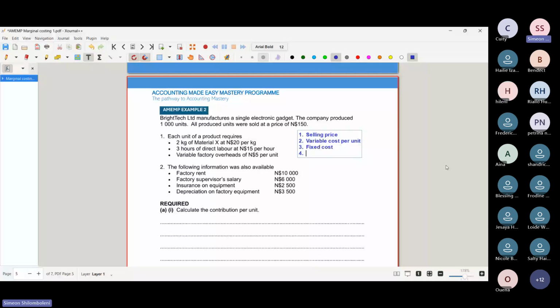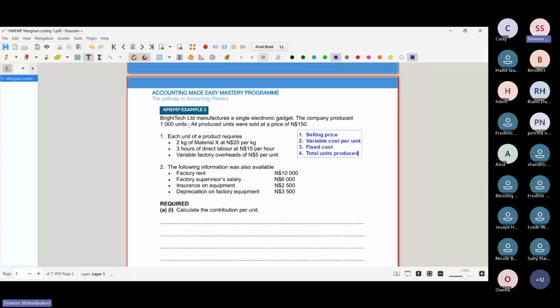Now, in management accounting, I have not spoken about it. We assume that everything produced is sold. It's an assumption. I think you'll find it in the theory. Everything produced is sold. So when it says the company produced 1,000 units, we also assume they are sold.